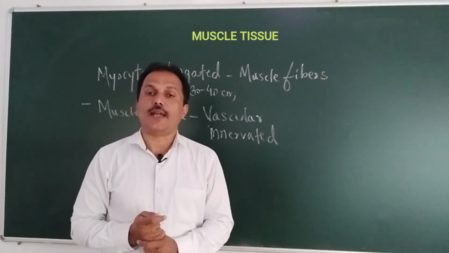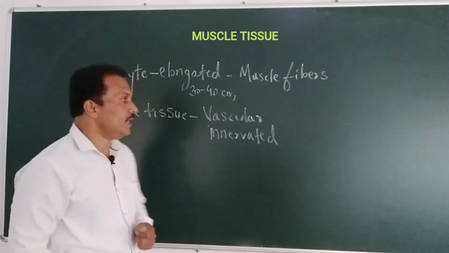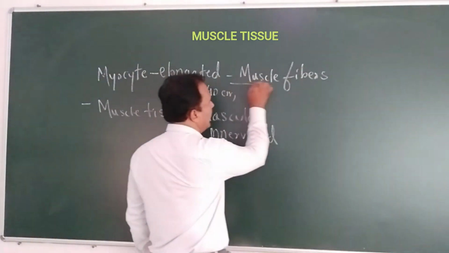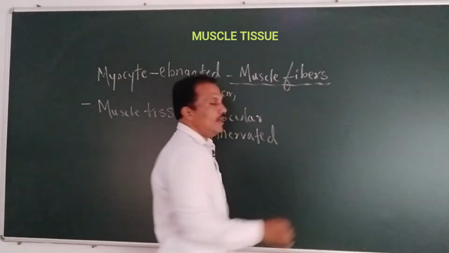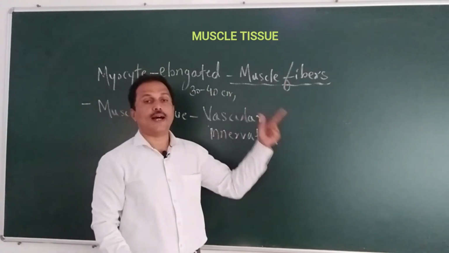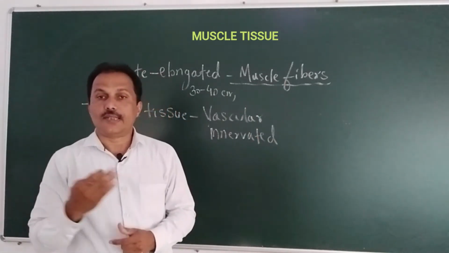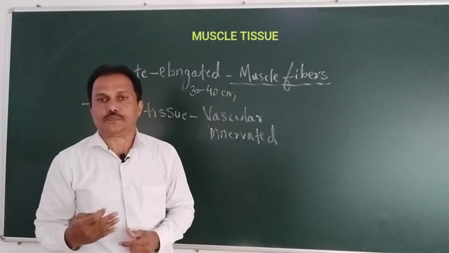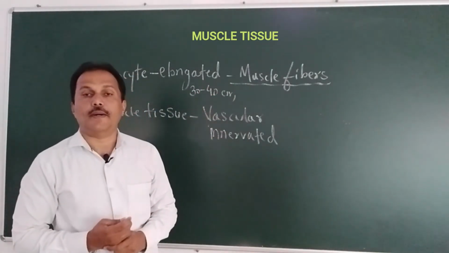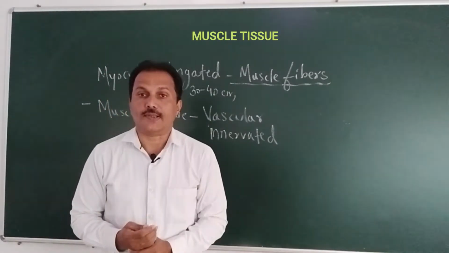So when we are talking about the muscle tissue, it is made up of myocyte and generally it is known as muscle fibers. From here onwards we will use the term muscle fiber for the cell forming the muscle tissue. What is the structure of muscle fiber?